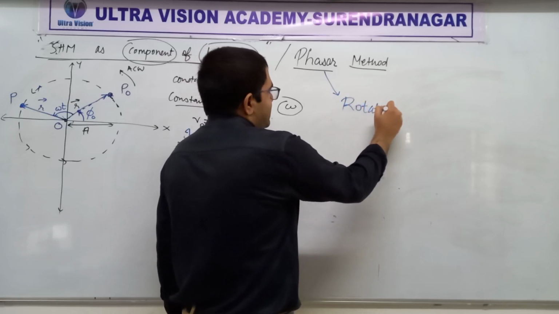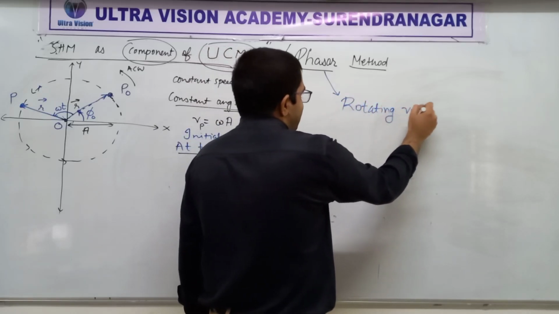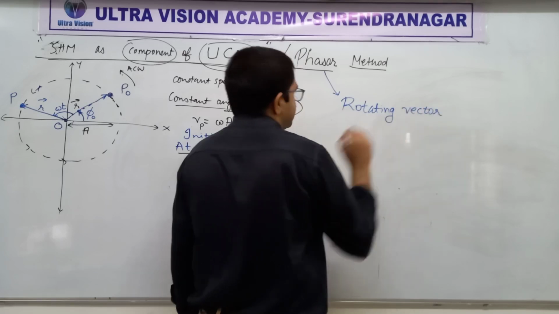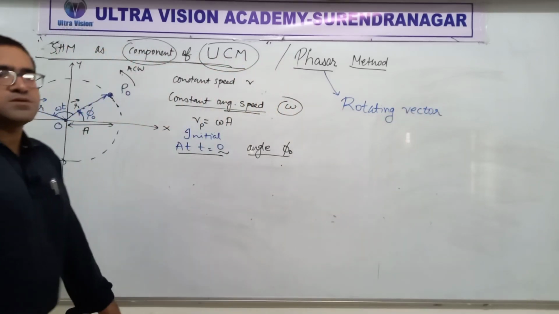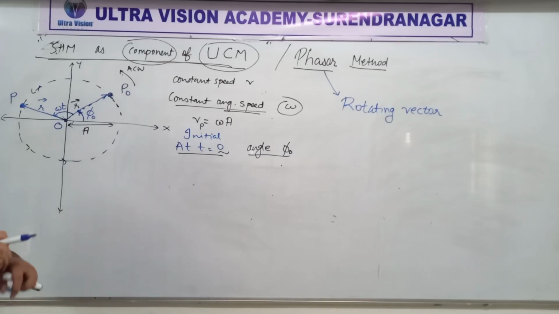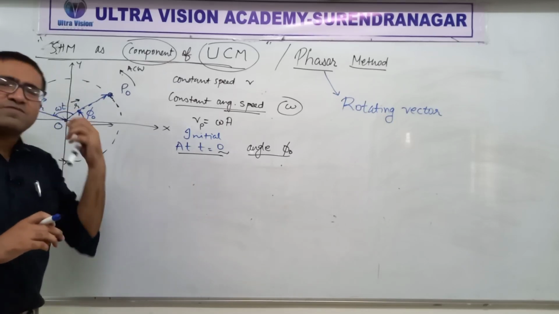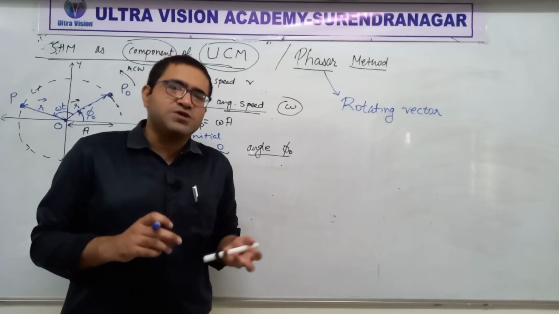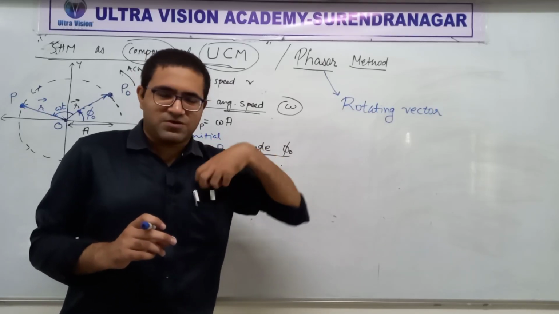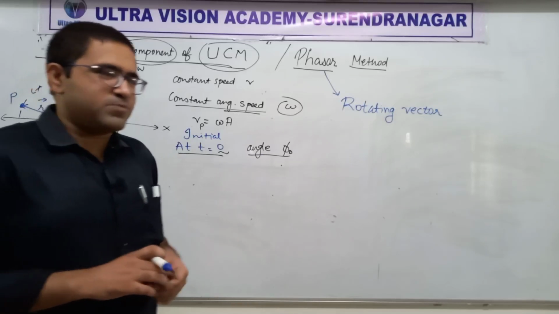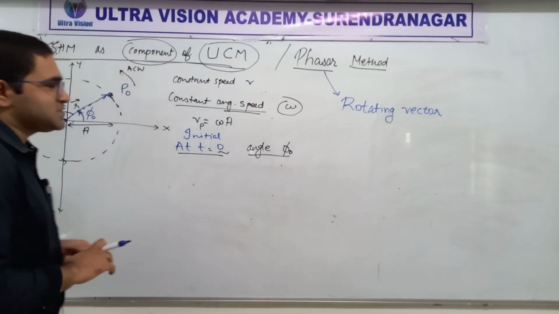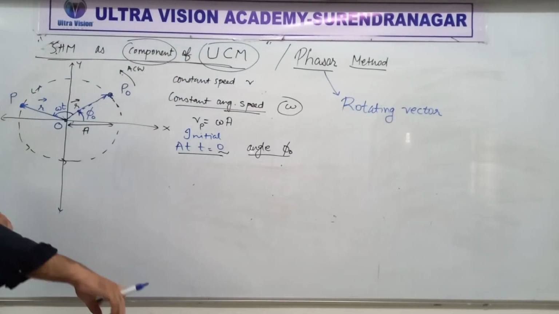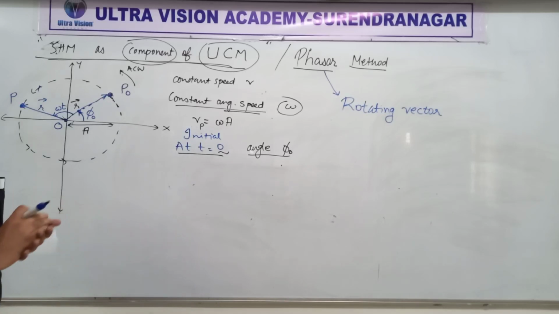Phasor means rotating vector. Phasor means rotating vector. Okay? So whenever we see that there is some vector and it's rotating, you could use this phasor method in any kind of concept, not necessarily this topic or this chapter, any other thing too. Phasor means a rotating vector.